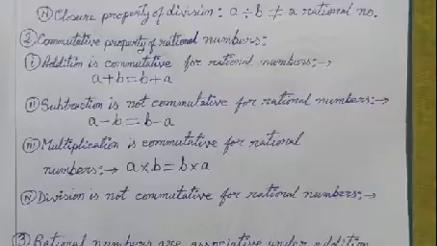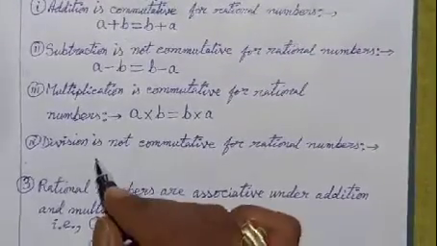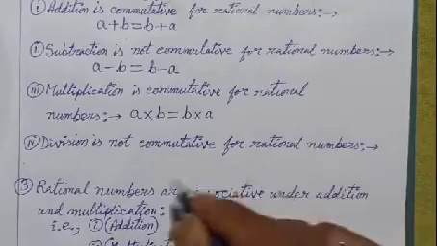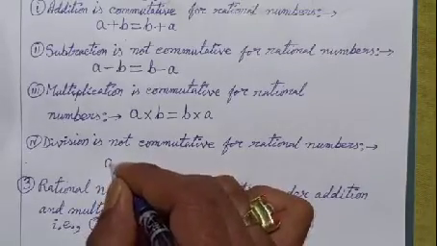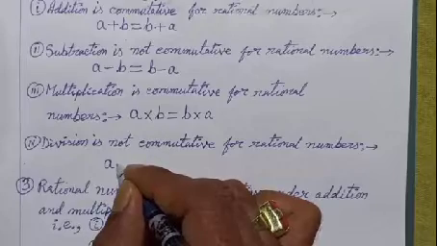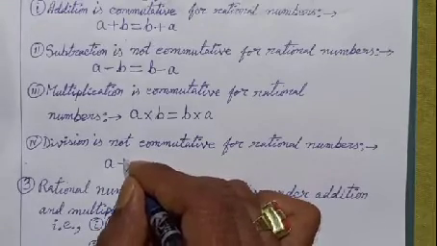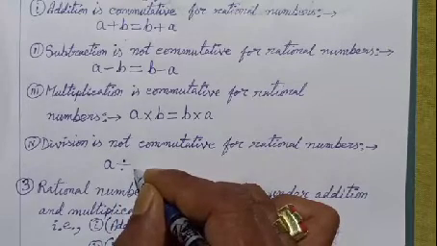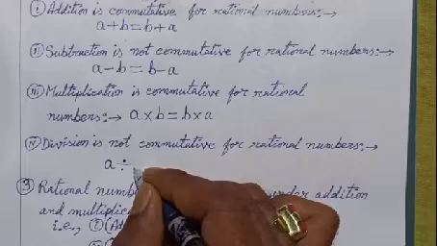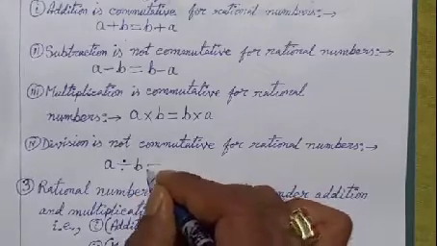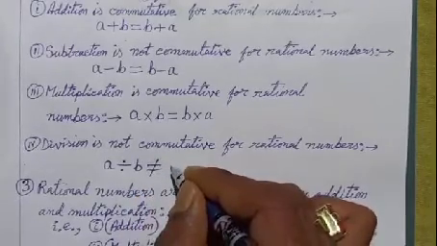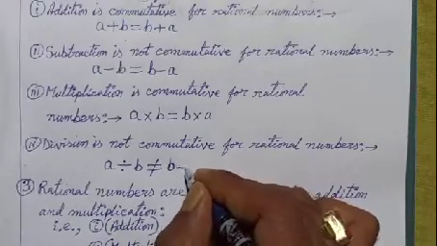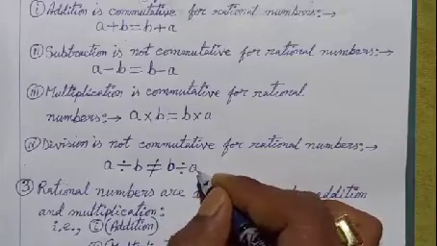Now Roman number 4, division is not commutative for rational numbers. If we take any rational number a, and divide it by another rational number b, this must not be equal to b divided by a.